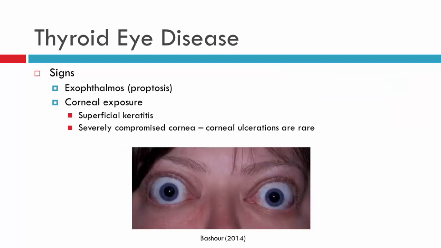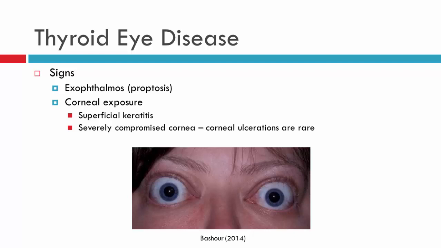Now, with the increase in the orbital volume, what can happen is proptosis or exophthalmos. And this brings along with it, in addition to the lid changes that we just discussed, corneal exposure.